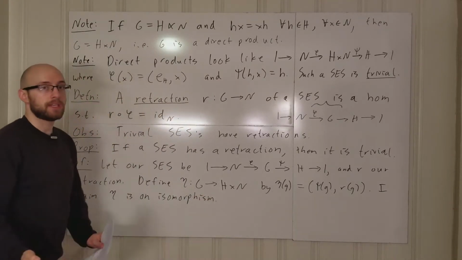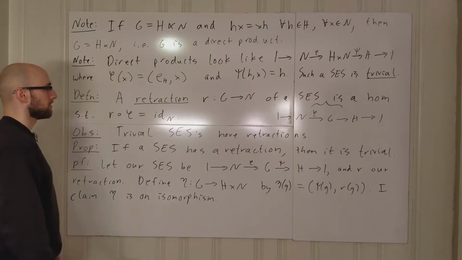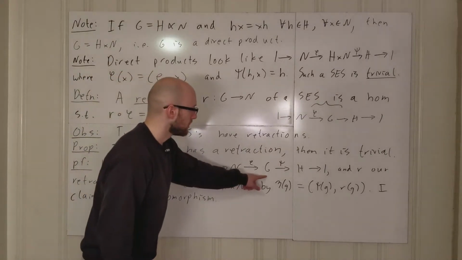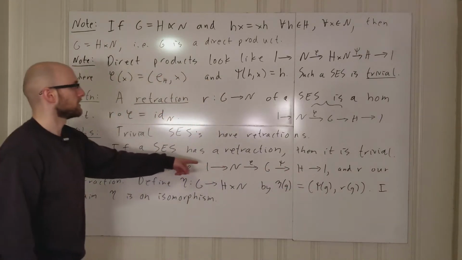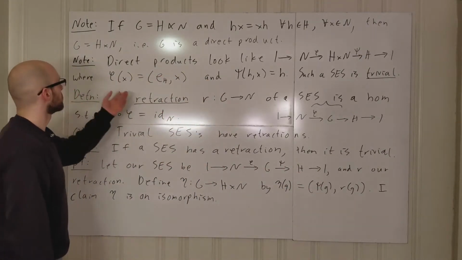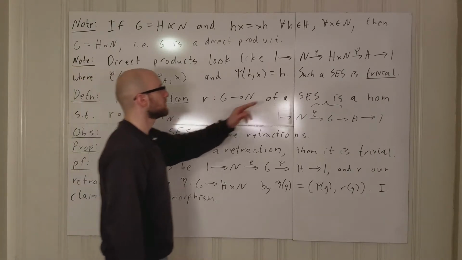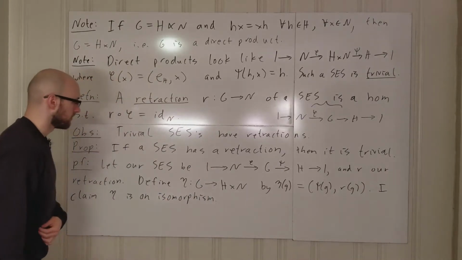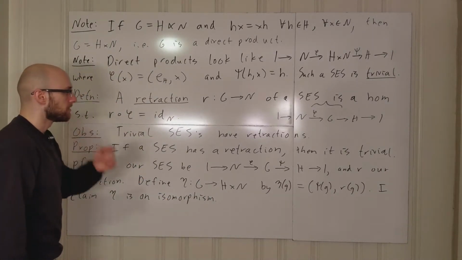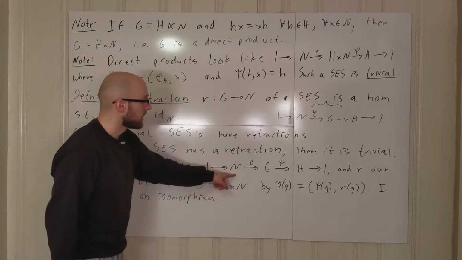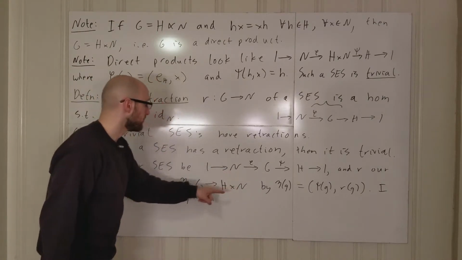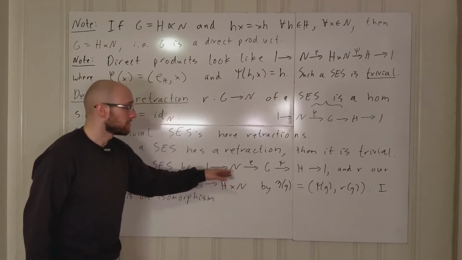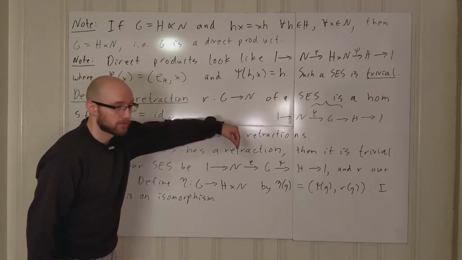And then that will basically give us the desired result, because if we have 1 goes to N, goes to G, goes to H, goes to 1, a short exact sequence, in order to have this be trivial, we want the thing in the middle to not be G, but to be H direct product with N. So instead of going from N to G, we're going to go from N to H cross N. We do that by first going through phi and then through eta.